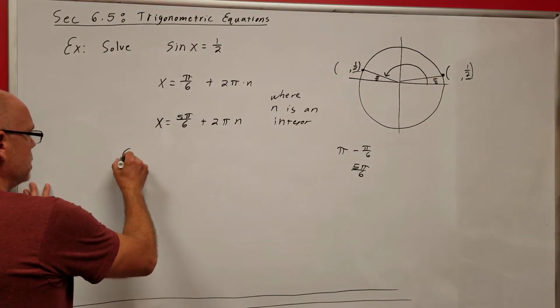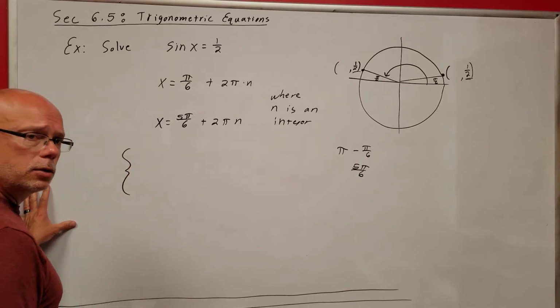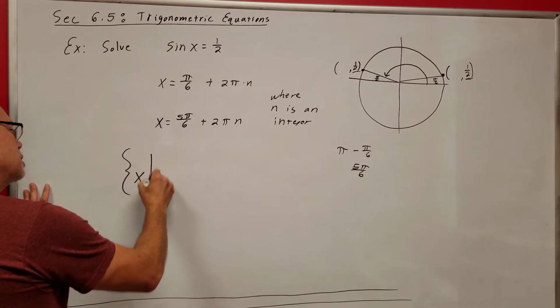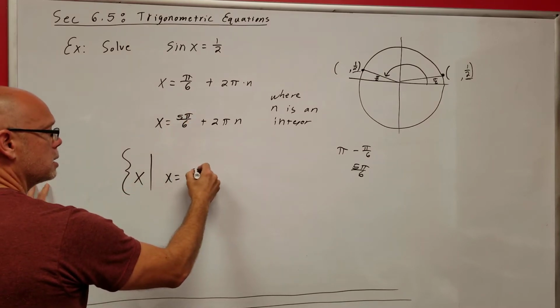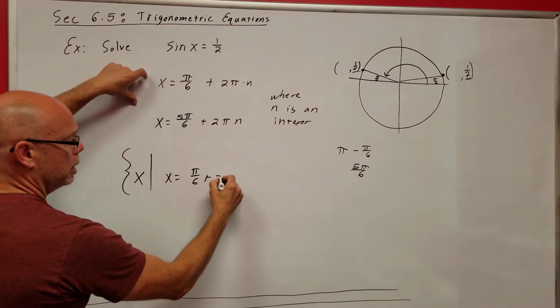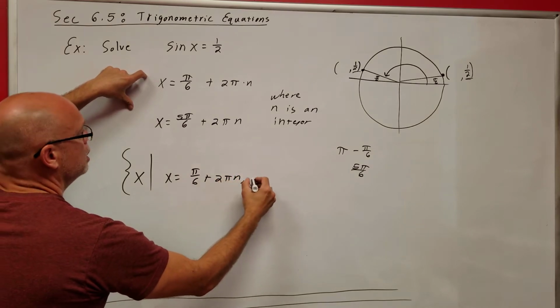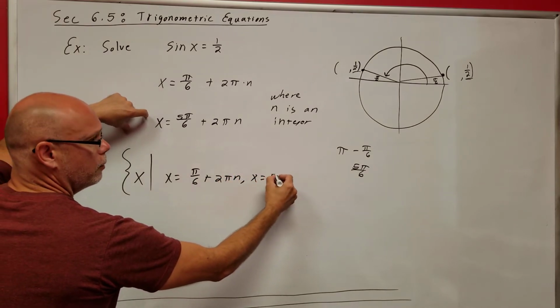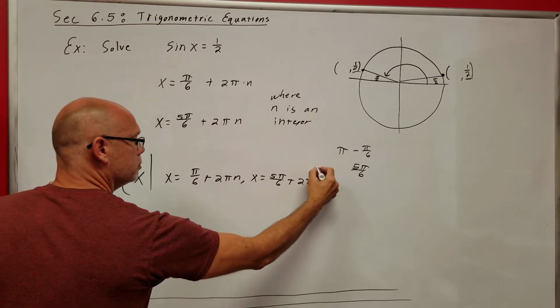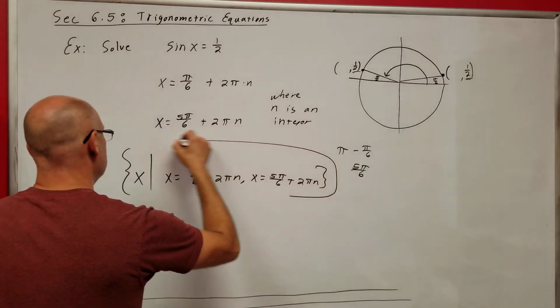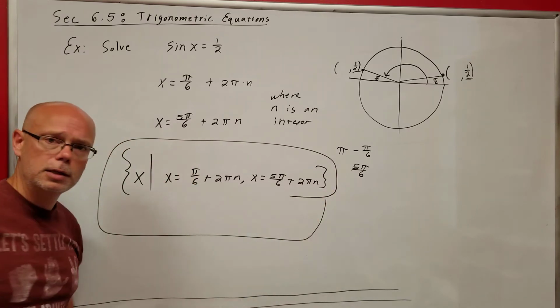So the way this book writes a solution set is they say my solution set is the set of x's such that x is equal to pi over 6 plus 2 pi n, and x is equal to 5 pi over 6 plus 2 pi n. And they put it like that. I like to add something to this.